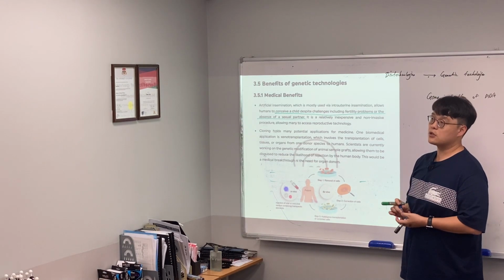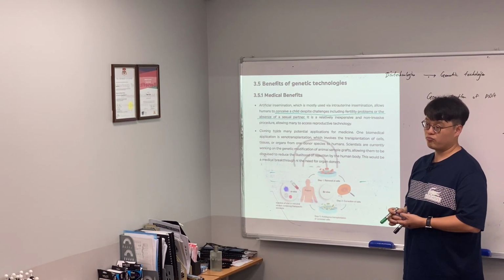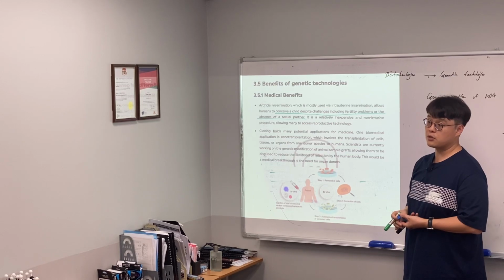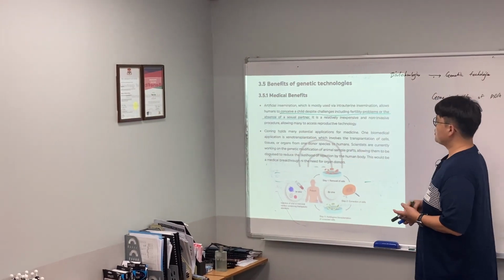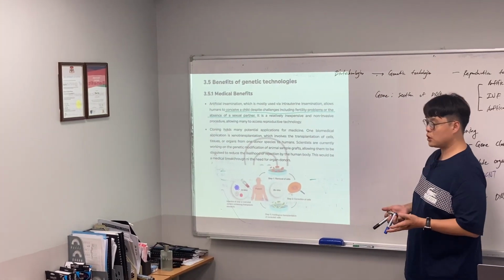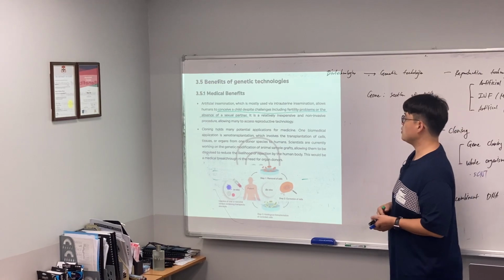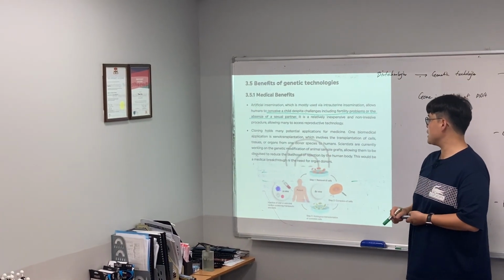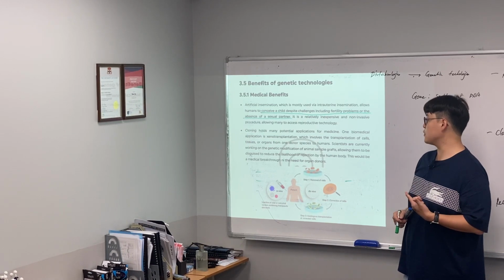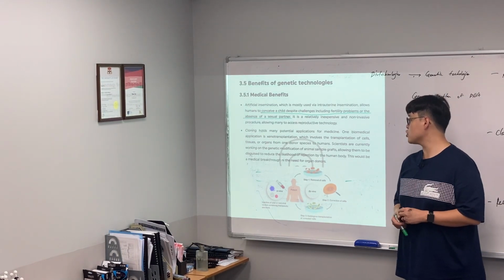Sometimes we get a surrogate mother. Those things happen. Cloning holds many potential applications for medicine too, as we discussed. One biomedical application is xenotransplantation, which involves the transplantation of cells, tissues, organs from one donor species to humans.